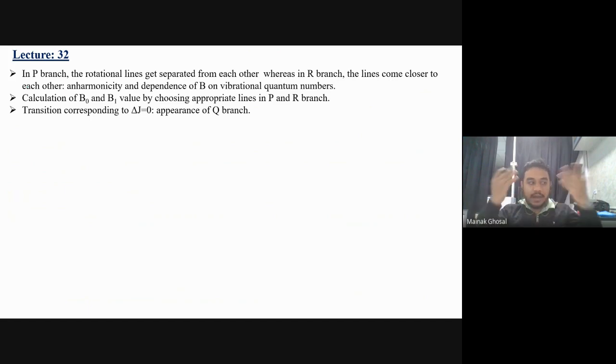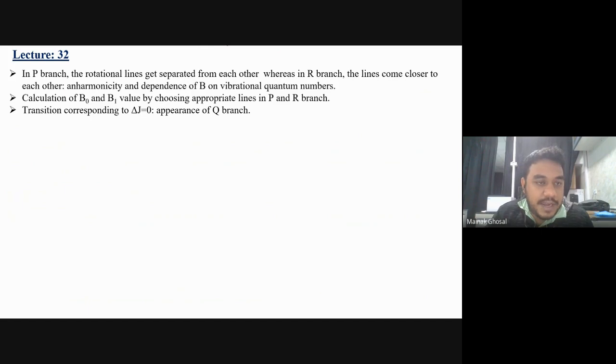Now we are resuming it. It was shown that in the P branch or R branch, the difference between two successive levels will be equal, and that will be equal to 2B. But in the real spectrum, the P branch lines seem to get farther apart from each other, whereas the R branch lines come closer to each other.